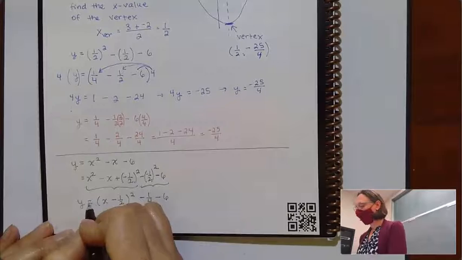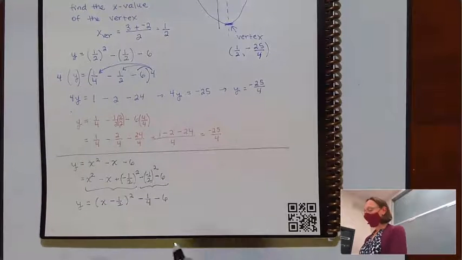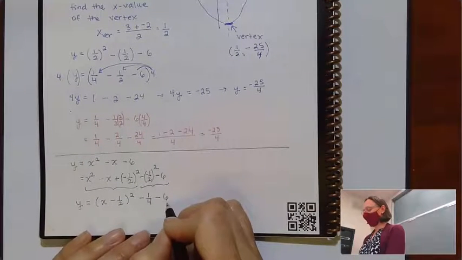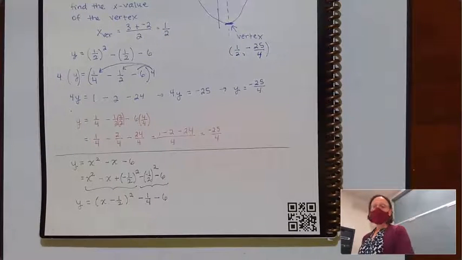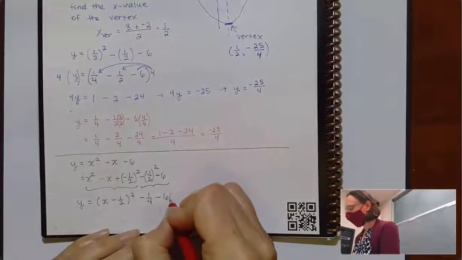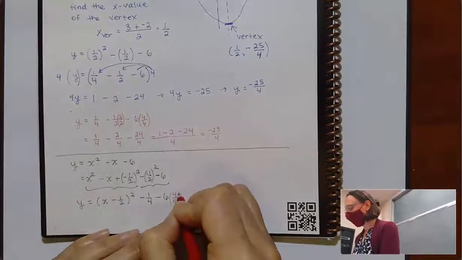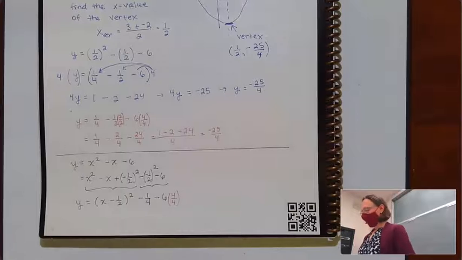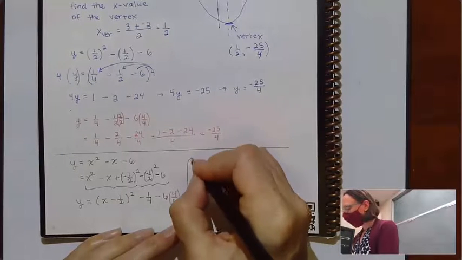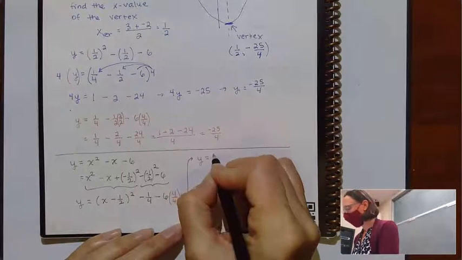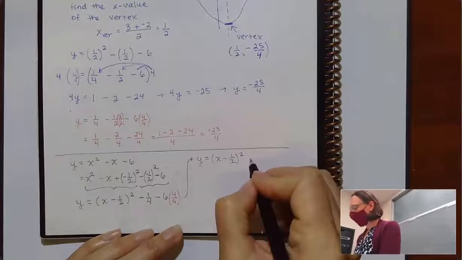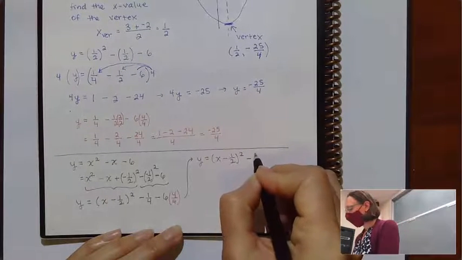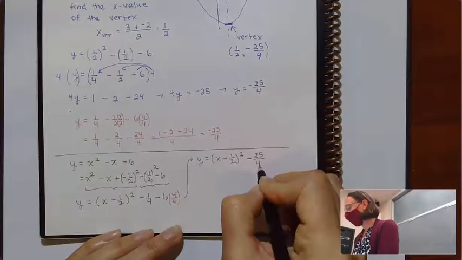So we are almost in that vertex form. We would just have to combine these two numbers at the back to get our k value. And for this, we're going to want to get that common denominator again. So I would multiply the 6 by 4/4. So that this whole thing became y is equal to x minus 1/2 squared minus 25/4.